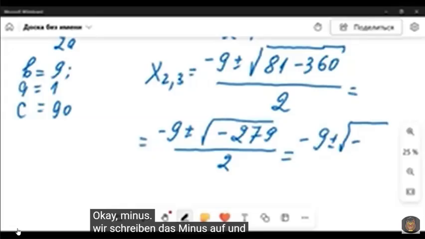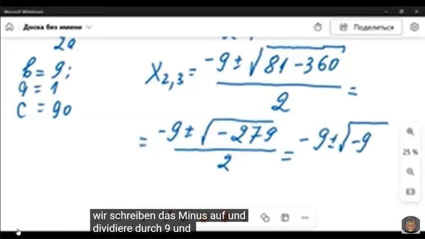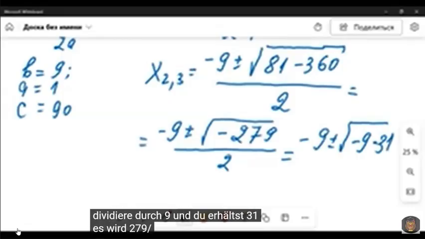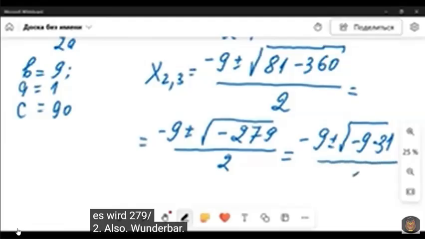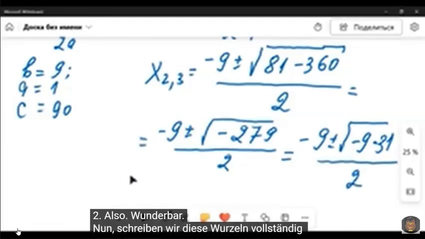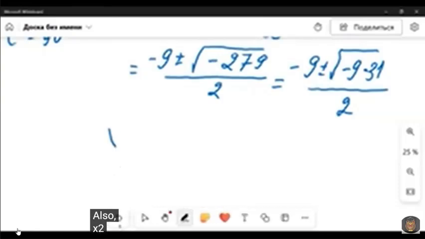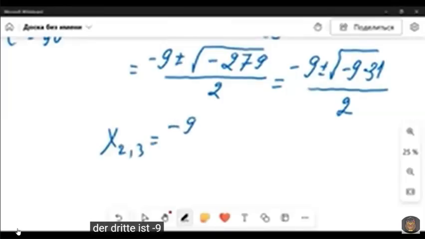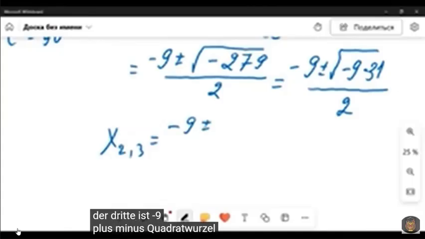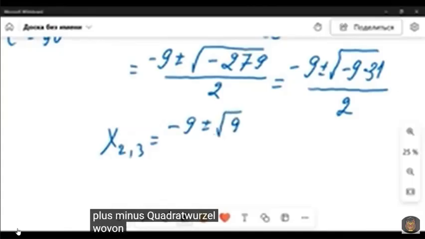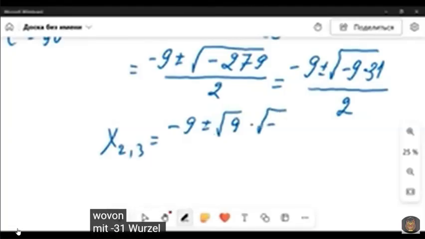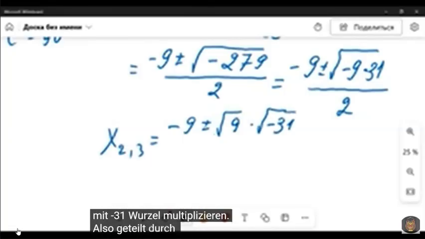So, we write out the minus, and the discriminant is minus 279, which is 9 times 31. Great. Well, let's write out these roots in full: x second and third equals minus 9 plus or minus the square root of D, 3 root 31 times i, divided by 2.